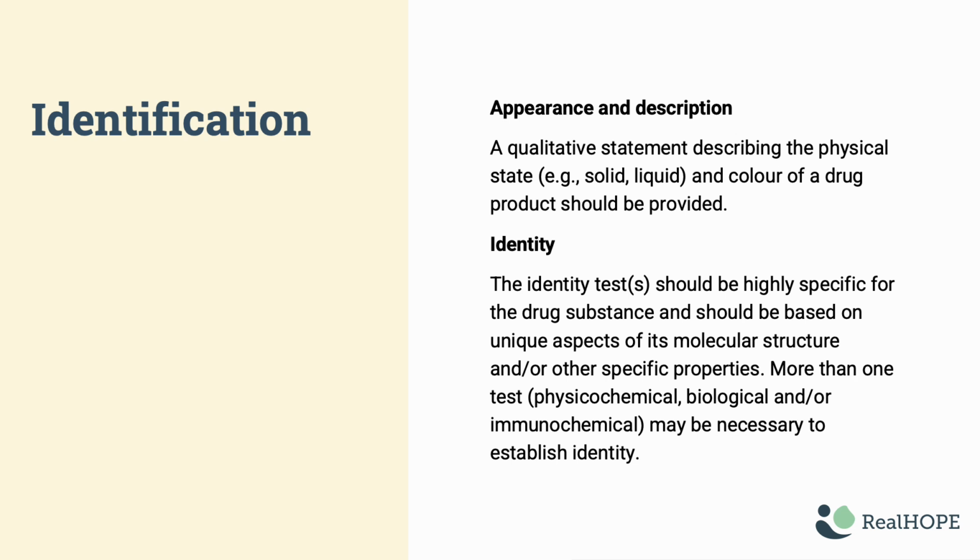For biological drugs, this can be done by several different tests, where for example tests of biological activity and potency can be included. It is important that the test is highly specific for the drug substance and should be based on unique aspects of its molecular structure and/or other specific properties. More than one test might be necessary.